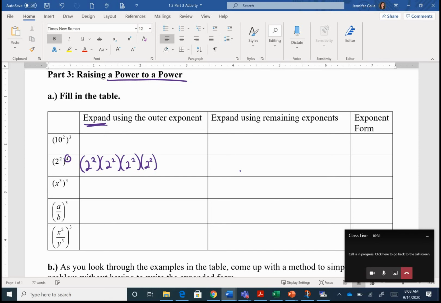I'm going to multiply it 4 times, however many times that outer exponent tells me to. And then expand using the inside one. So we've got 2 times 2, 2 times 2, 2 times 2, and 2 times 2. We have 8 2s. So 2 to the 8.